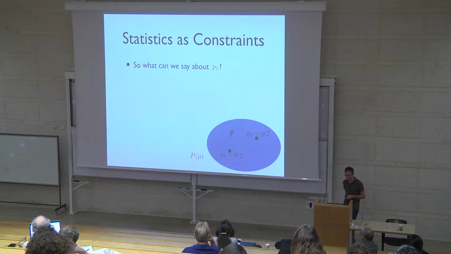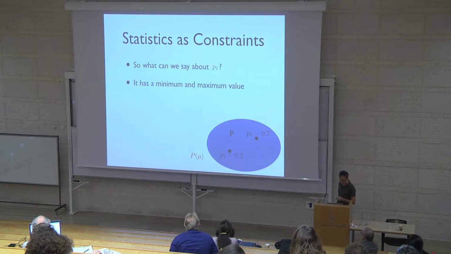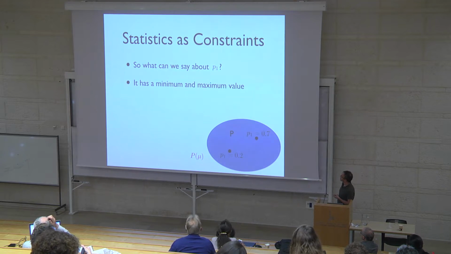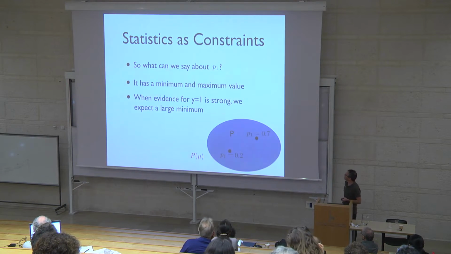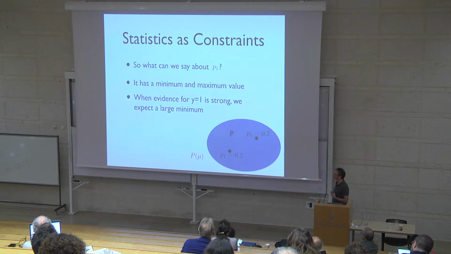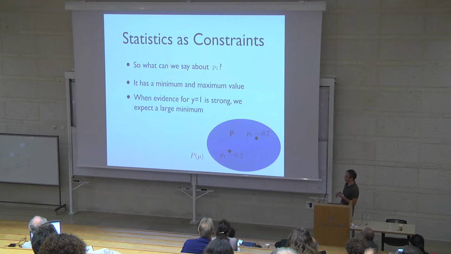So there's a range of values that's consistent with our marginals. What can we say about it? It has a minimum value and it has a maximum value, right? That's fair to say. The intuition here is that when the evidence for y is strong, so when our pairwise marginals convey that a given label is closely related to some features, we expect that this minimum conditional probability will be high.